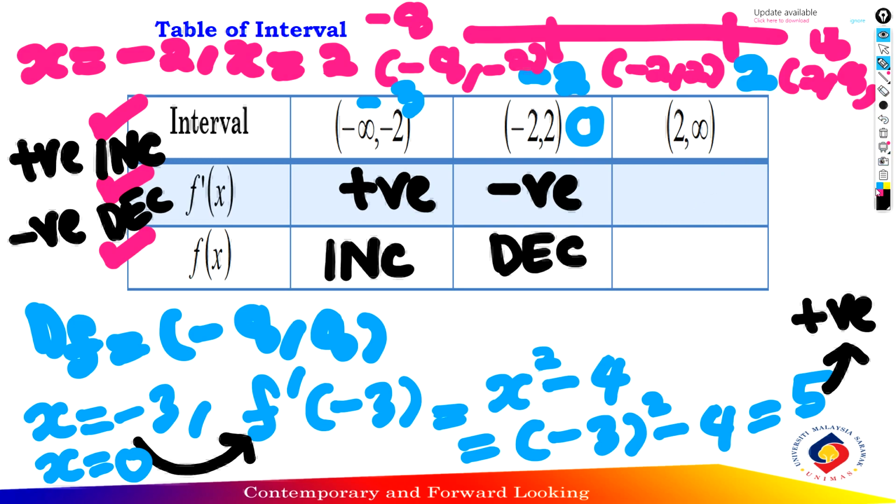And then number 3, between 2 and positive infinity, after 2 the nearest value x equals 3, and then you substitute into the first derivative, and the sign of the first derivative is positive, and f(x) increases.